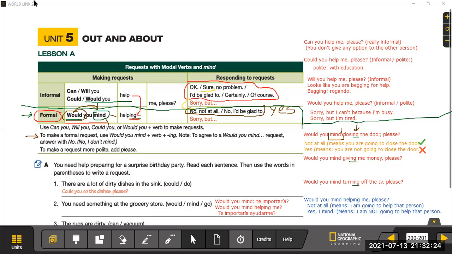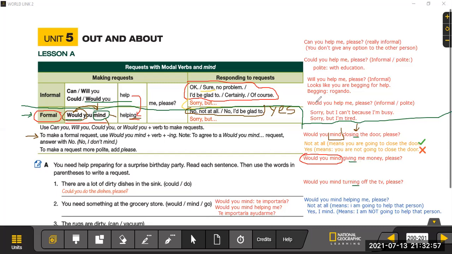So, teacher, when I use the would, the verb is necessary to use ing? When you use would you mind? If you use would you mind, you have to use the verb with ing.